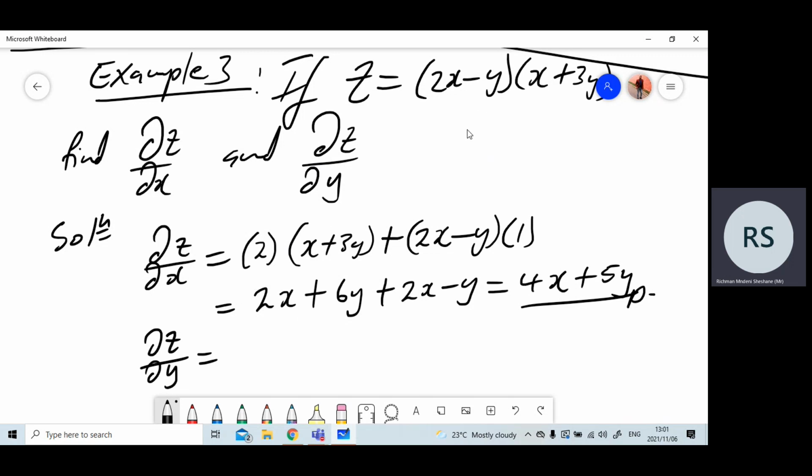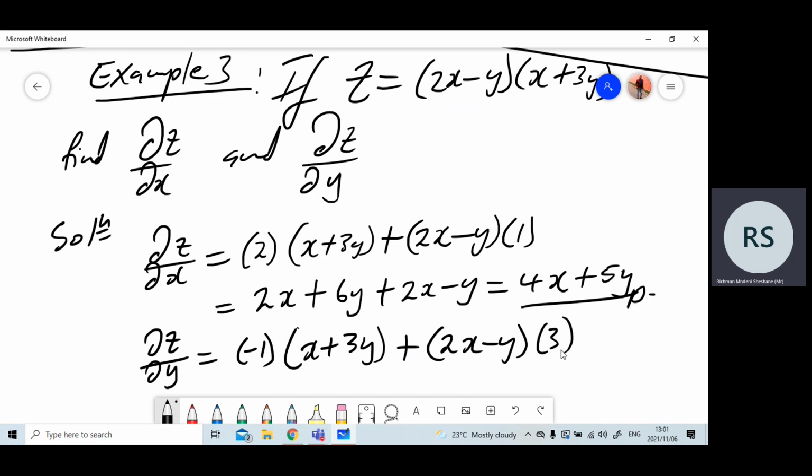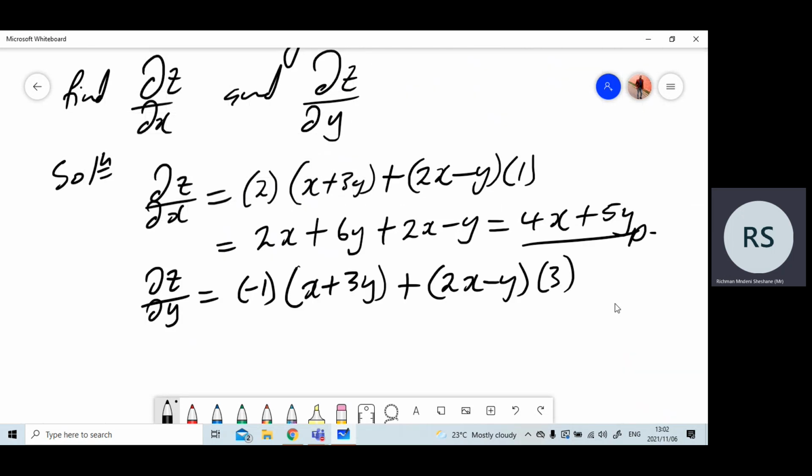So the product rule says derive the first function with respect to y, it's going to be minus 1, while we leave the second function, which is x plus 3y. And then plus, now we leave the first function, which is 2x minus y, and derive the second function. The derivative of the second function with respect to y is going to be 3 here. Okay, this is your derivative, and the next step is just simplification.